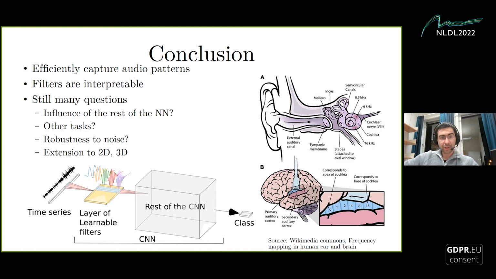What about other tasks, other audio tasks, to apply it to? What is the robustness to noise? Also, it would be interesting to extend it to 2D or even 3D, because in 3D it's very difficult to do deep learning with the convolution size being much bigger. So this kind of constrained filter could be a solution.